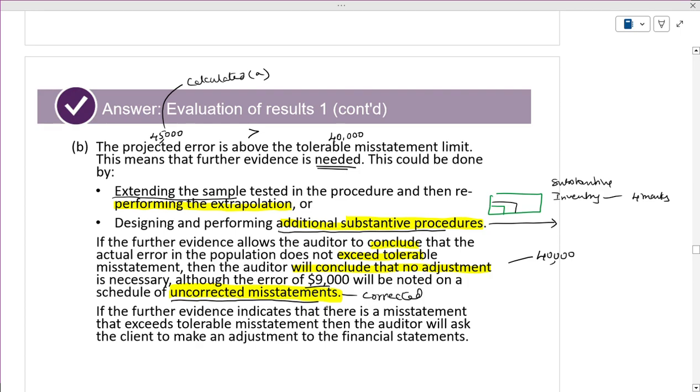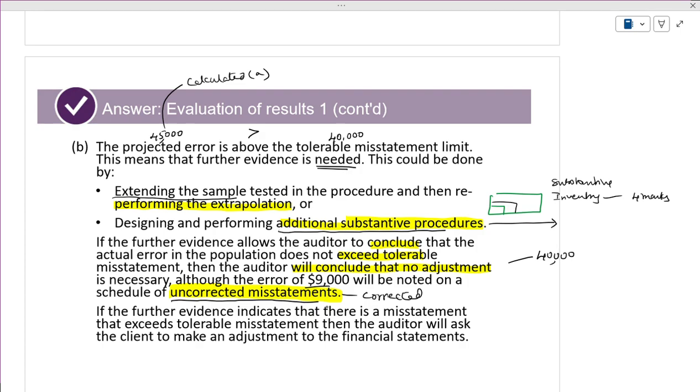It is only at the initial stages of test of details, before signing any audit report. Initially, say you go for an audit and come across a 9,000 error. In the preliminary draft report, you will say that 9,000 is an uncorrected misstatement. Further, the client will make corrections.